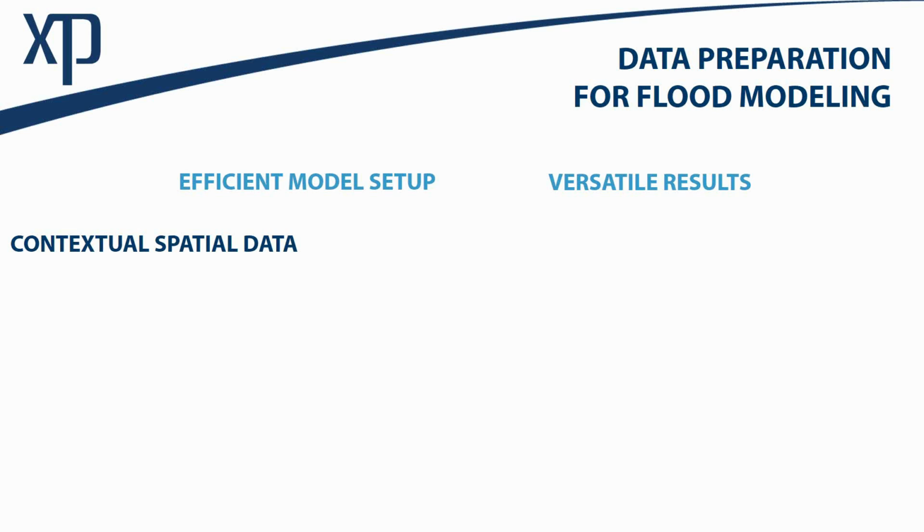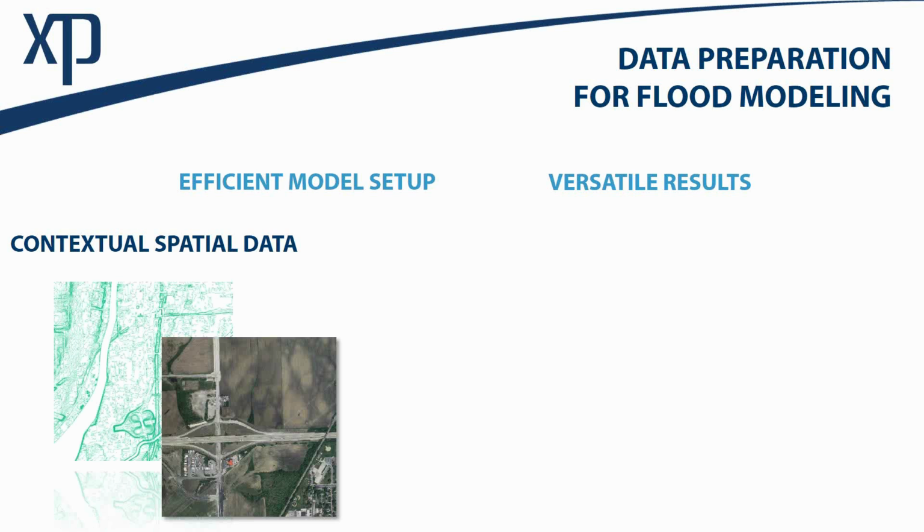The initial one really is contextual data, that spatial data. We're living in a three-dimensional world. We're trying to communicate with two-dimensional elements to look at how that aspect of flooding occurs. We can do that with topographic information. We can do that with aerial photography or imagery.